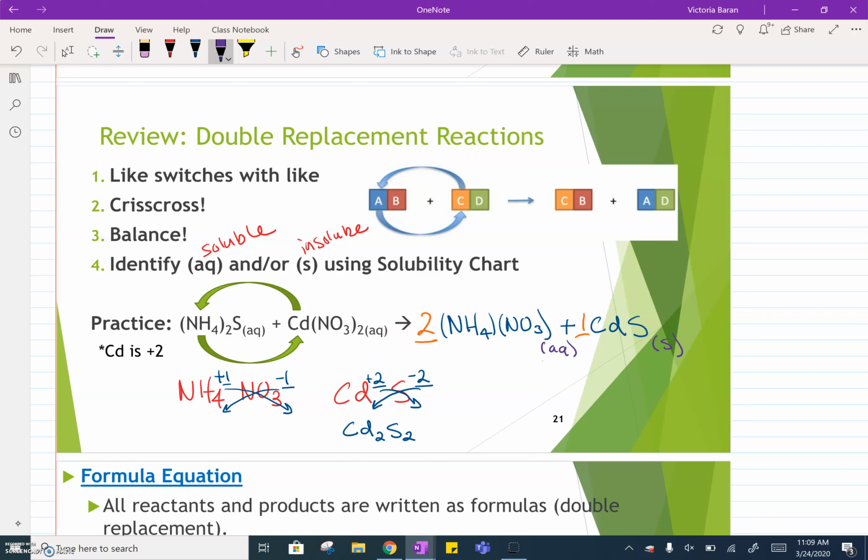And then lastly, you have to figure out if these are aqueous, will form a soluble compound, or are they insoluble and form a solid precipitate. Okay, so we have already done this before. The only thing that's new is the whole, is it soluble or insoluble part of this.